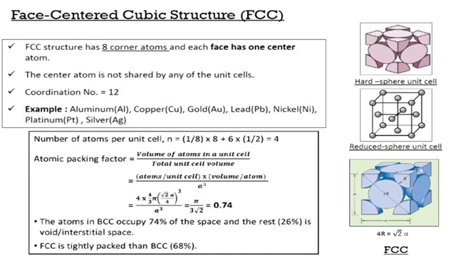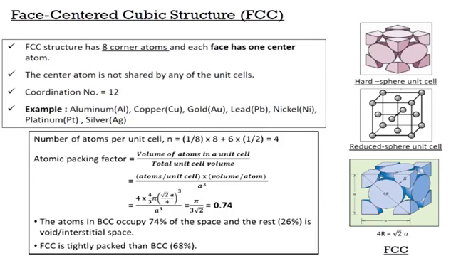So, that is actually 6 into half. If you consider all of them together, you will get the number of atoms per unit cell to be 4. And then if you again calculate the whole thing, you will find out the ratio to be 0.74.